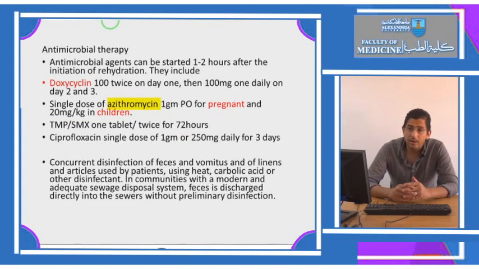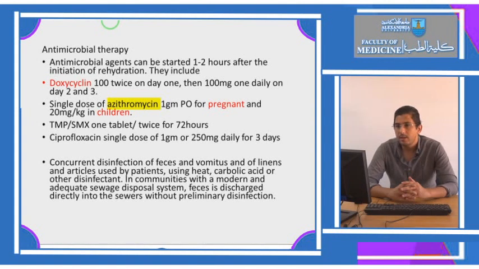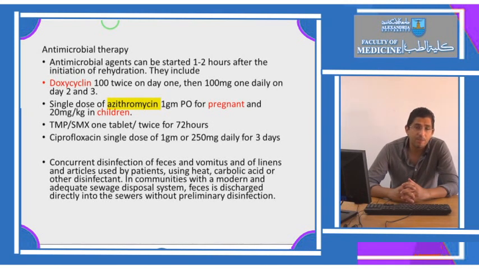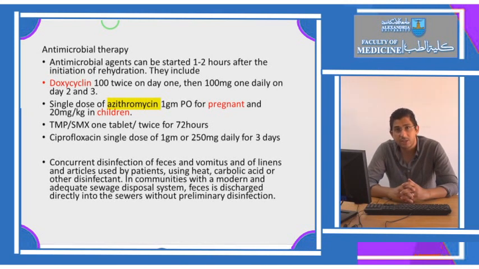The antimicrobial therapy is the other entity, targeting the bacteria itself. Mainly, as you know, it's one of the tetracyclines, like doxycycline. But actually, doxycycline is not preferred, or is contraindicated, in children and pregnant women.